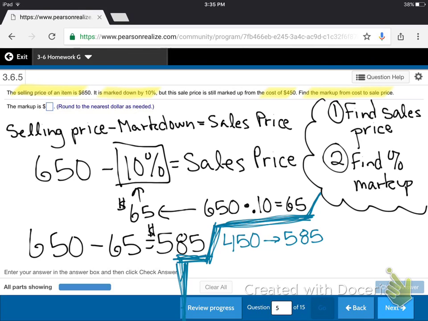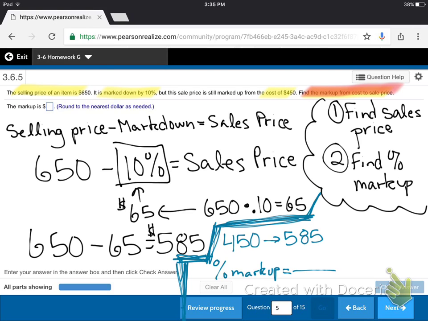Here, we're looking specifically between cost and sales price. This is that red part right here. It cost the company $450 to buy it, and now they're selling it to you at a sales price of $585. So we're going to do percent markup, the same equation we did: percent of change is equal to change over original.